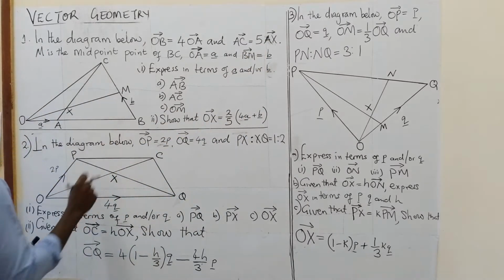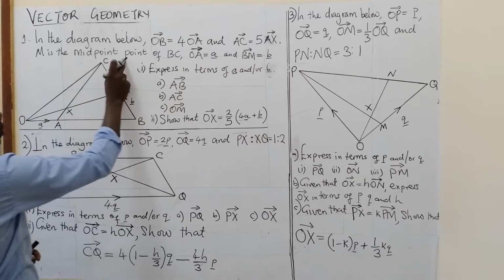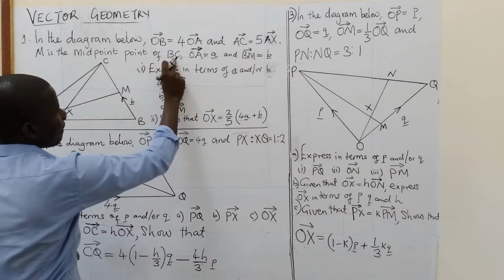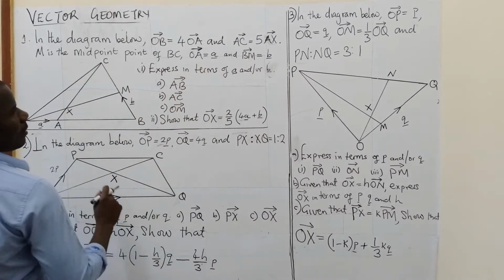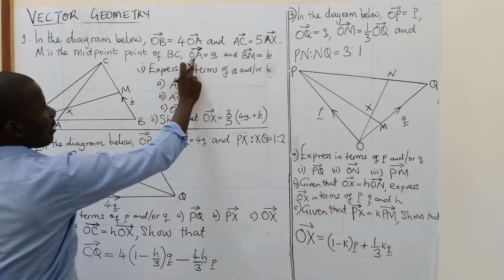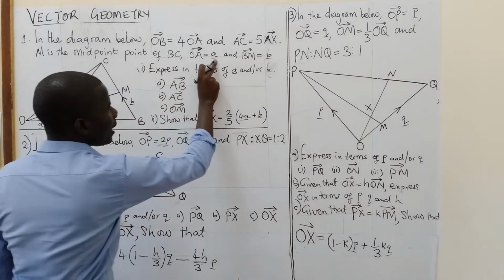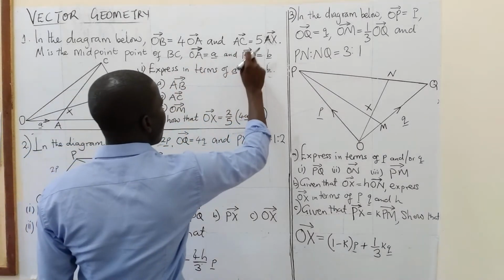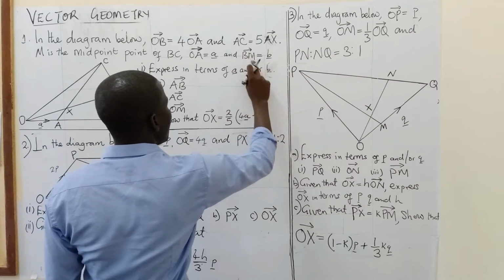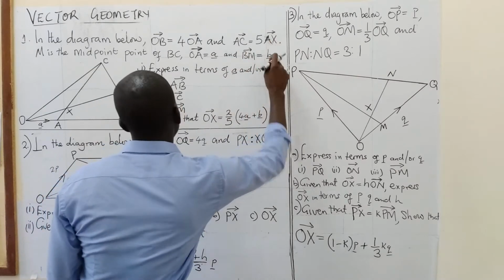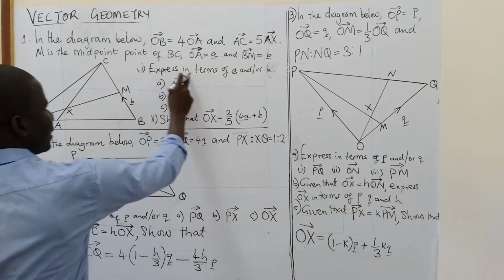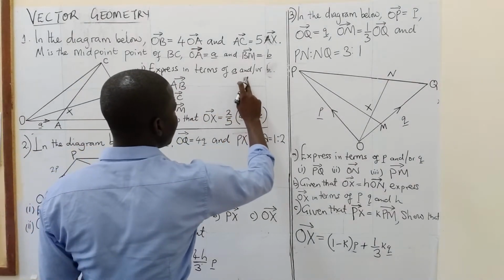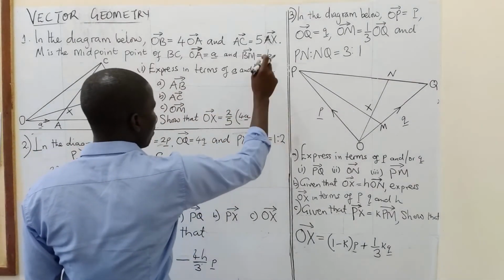Take note of those. M is the midpoint of BC. OA is equal to a, and BM is equal to b. Express in terms of a and/or b.